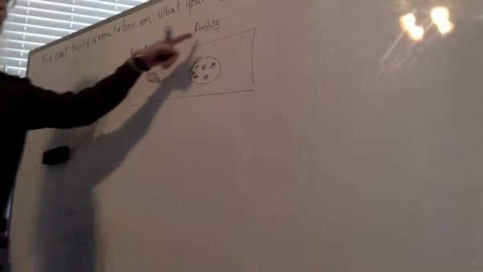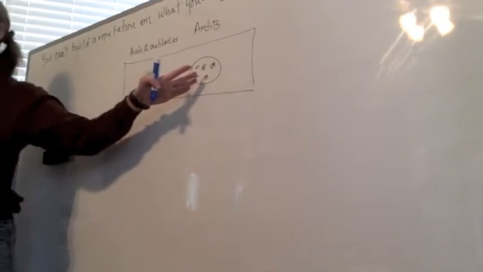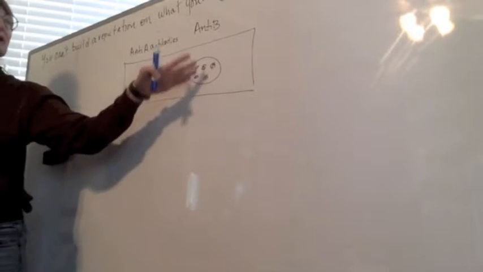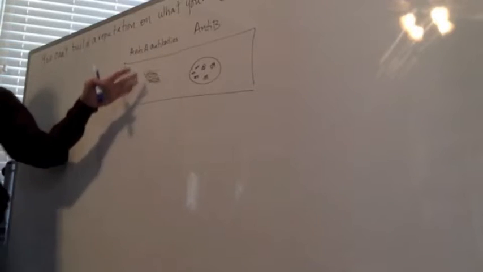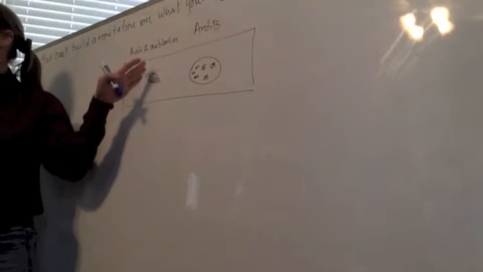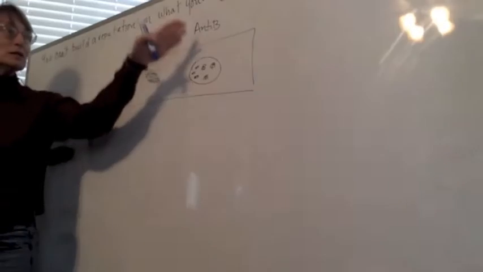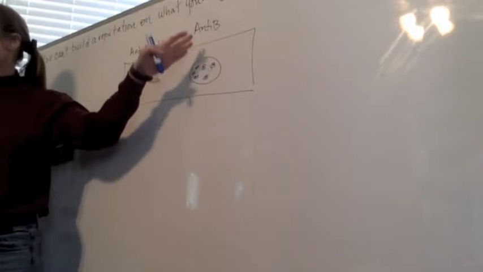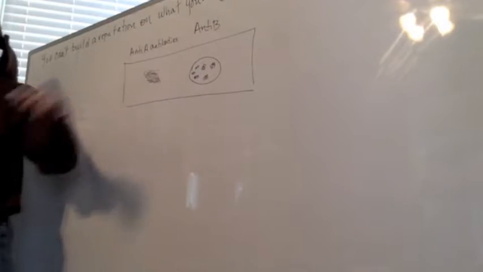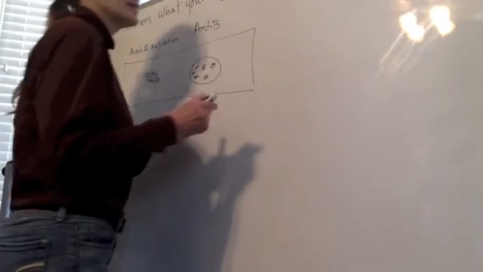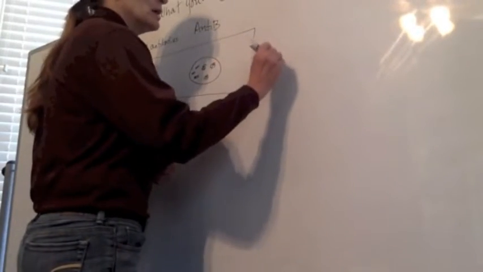So anti-B antibodies cause this to clump, which means that what kind of antigen is in there? B. Okay? This one didn't react to anti-A antibodies. It did react to anti-B antibodies. So what kind of blood does this person have? B. This person has type B blood.